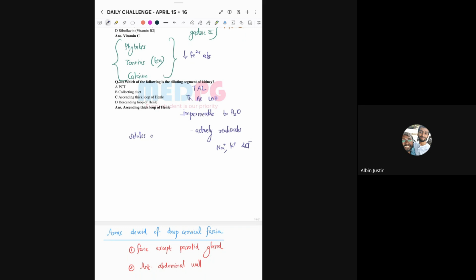Solutes go out and water stays. This tubular fluid becomes dilute. Hmm. In PCT, fluid is isotonic. In collecting duct, there is variable permeability. Why? It depends on ADH. In descending limb of Henle, the fluid becomes concentrated. Why? As it is permeable to water.